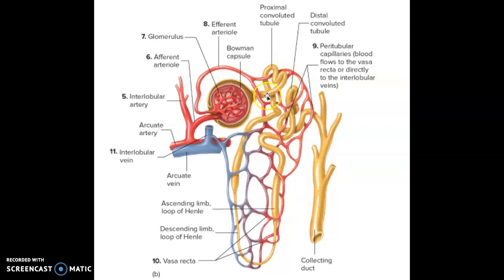Again, we have these highly folded tubules, proximal and distal. They are called proximal and distal convoluted tubules. We have this loop, which is the loop of Henle, in order to produce the urine. And finally, we are draining the urine into the collecting duct.